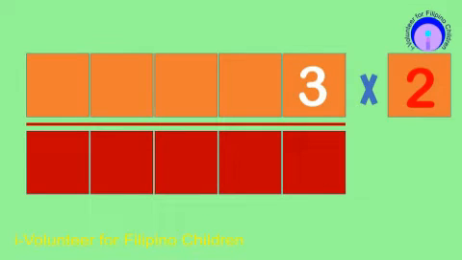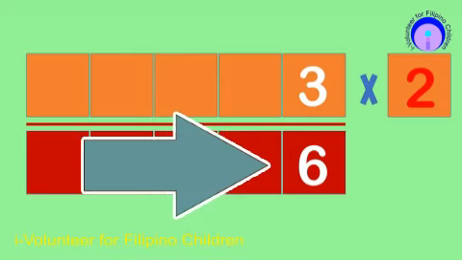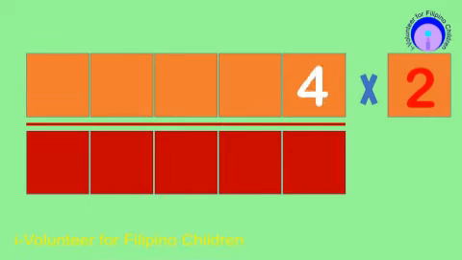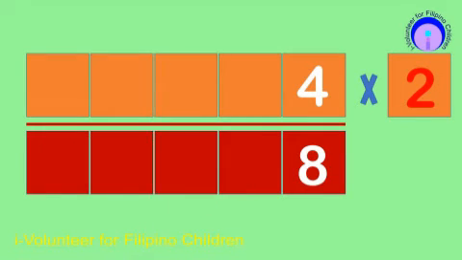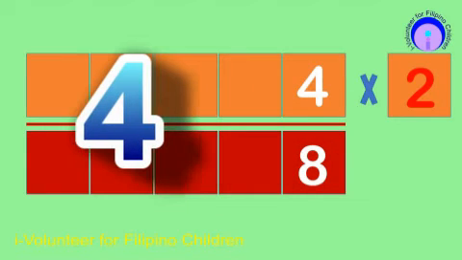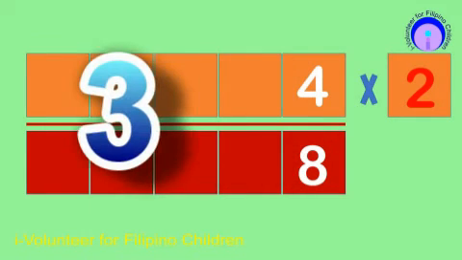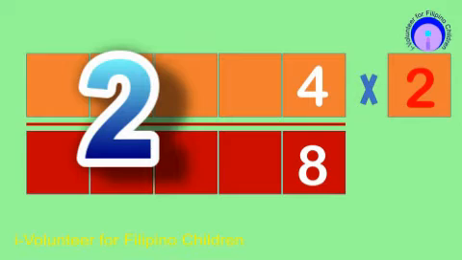Pag dinoble natin ang 3, the product will be 6. Kapag dinoble natin ang value ng 4, it will become 8. Tandaan, kapag tayo ay nagmumultiply ng 4, 3, 2, 1, or 0, wala tayong i-carry.